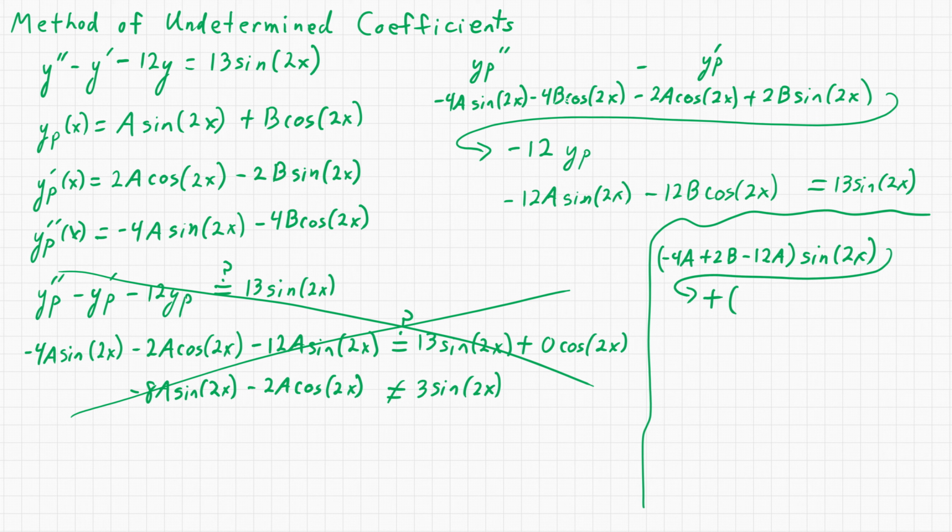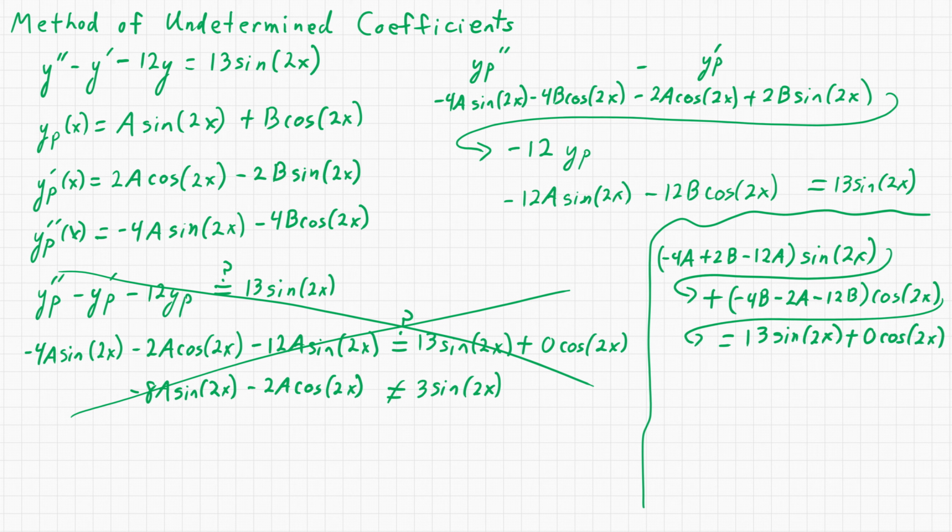So I've got negative 4b cosine 2x, then a minus 2a cosine 2x, and then a minus 12b cosine 2x. And again, that all has to equal 13 sine 2x, and really, plus 0 cosine 2x.